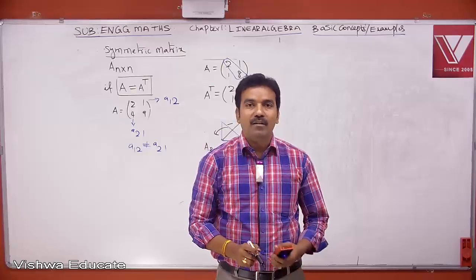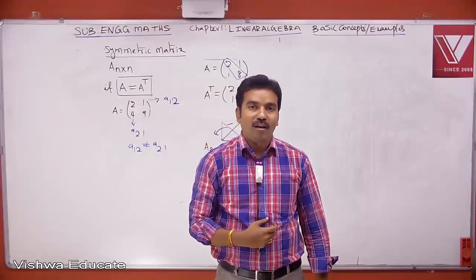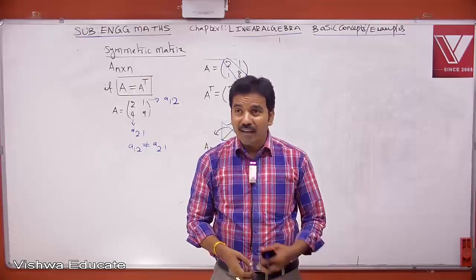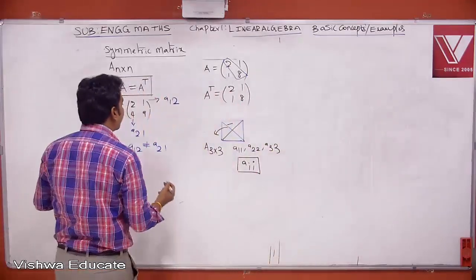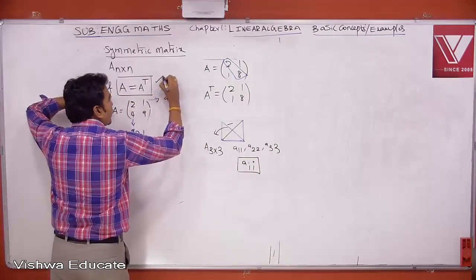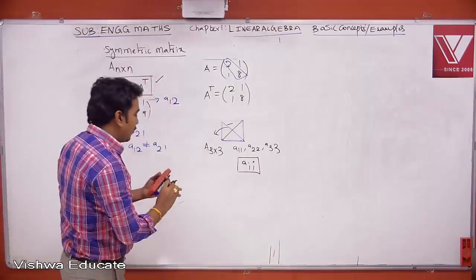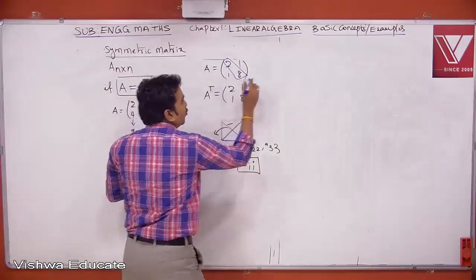If you want to construct a 2 by 2 symmetric matrix, you randomly assign your own values. But regarding non-diagonal elements, there must be some relation connecting them. That equation is, in this case, A equal to A transpose. So this is a matrix-wise comparison. When you go to element-wise comparison, this is A12, this is A21.